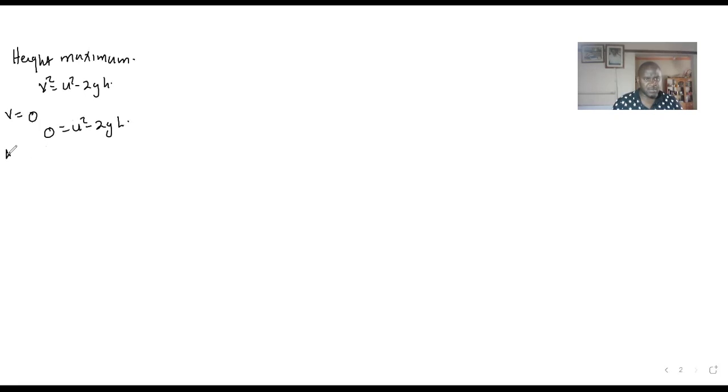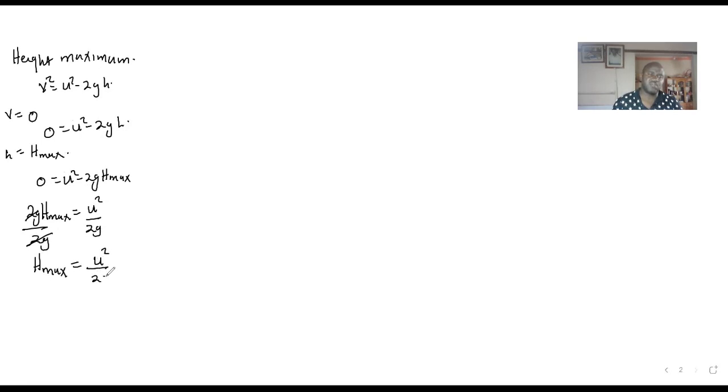Because H is maximum, let's call it H max. Then 0 will be equal to U squared minus 2GH max. Therefore, 2GH max is equal to U squared. Divide by 2G, divide by 2G. Then H max is equal to U squared over 2G. So in case you always want to find maximum height, this is the equation you can use if nothing else has been given.